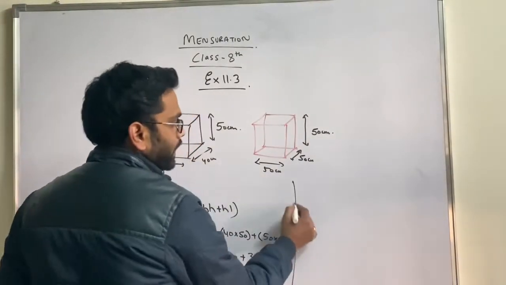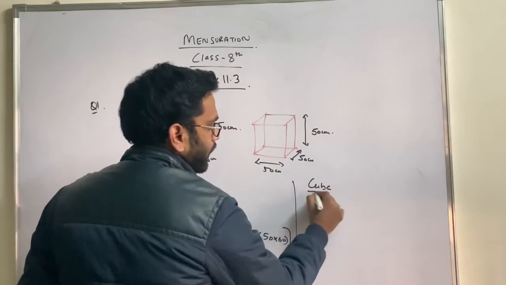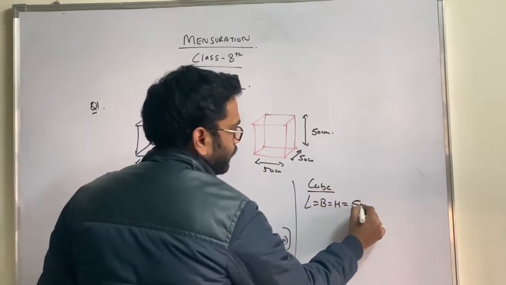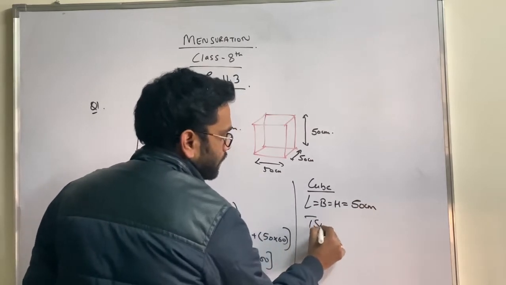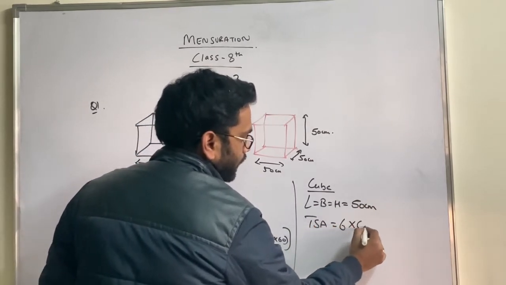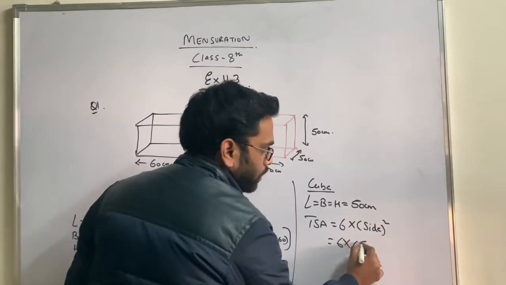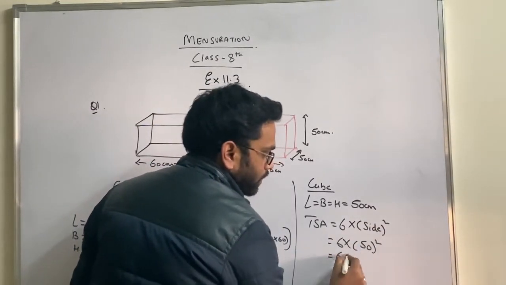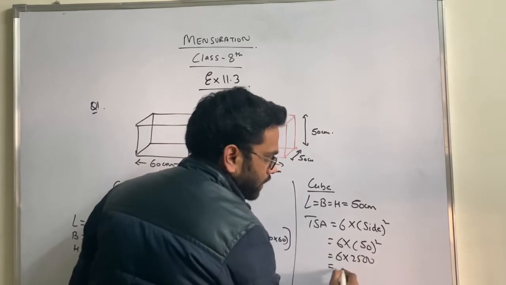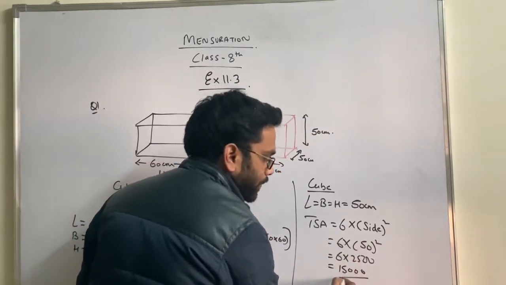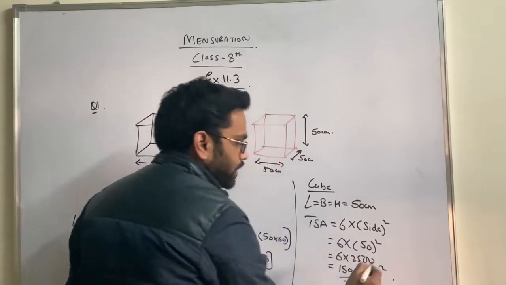But in the case of a cube, where the length is equal to breadth is equal to height, which is equal to 50 centimeter, the total surface area is 6 into side square. So 6 into 50 square, 6 into 2500, so 6 5 is 30, 6 into 5 is 30 plus, you will get 15,000 centimeter square.